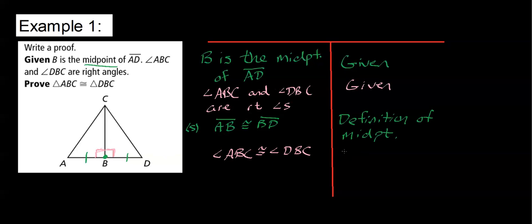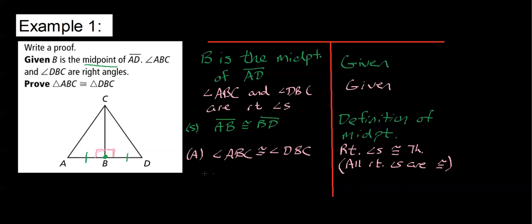Well, that's using one of our theorems. That is the right angles congruence theorem. And if you don't remember the name of the theorem, you could, of course, just put here that all right angles are congruent. Okay, so that's a pair of congruent angles. Now we're 2/3 of the way there.